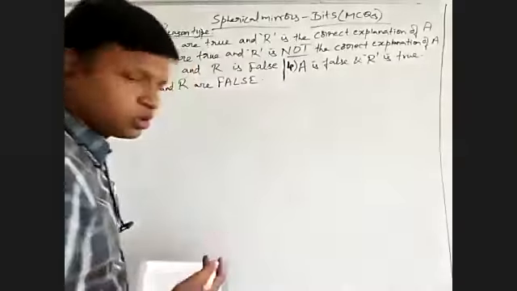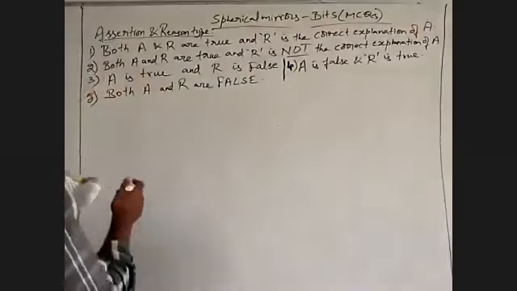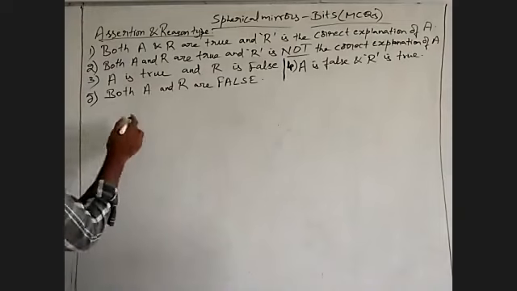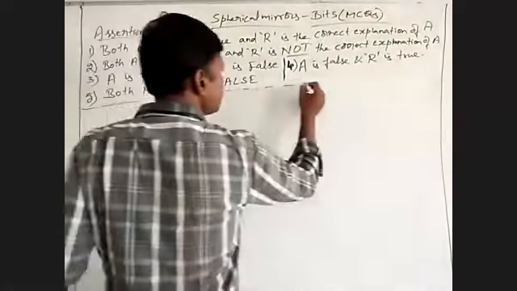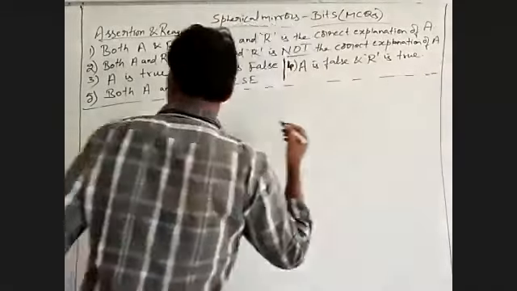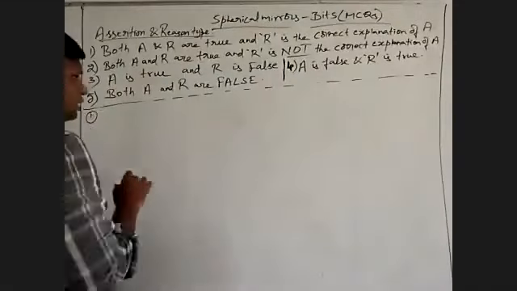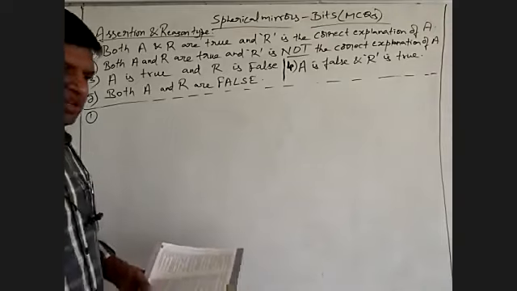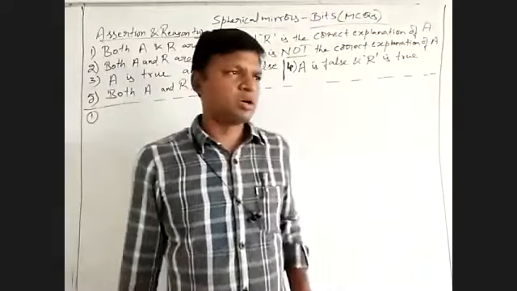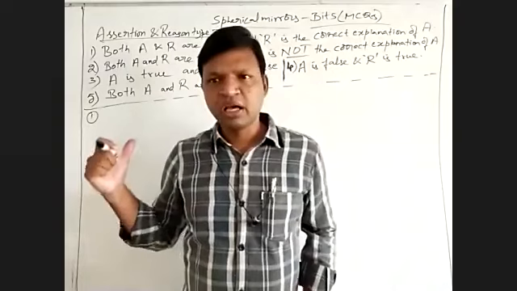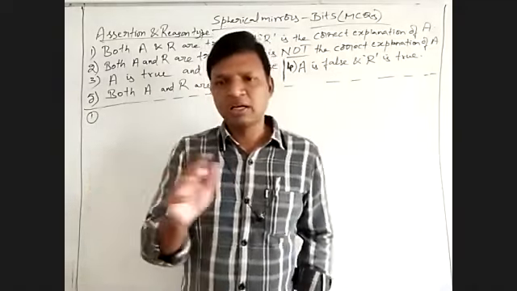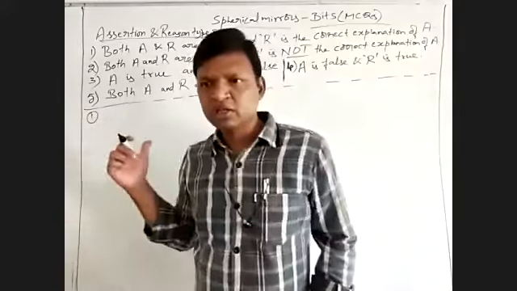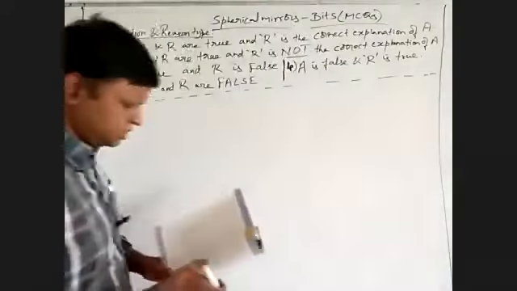I'll write it on the board so that you can have a better idea. Because we have done a lot of numerical problems, that's why I am going with the theory. I don't want to bore you by writing all the numerical problems.